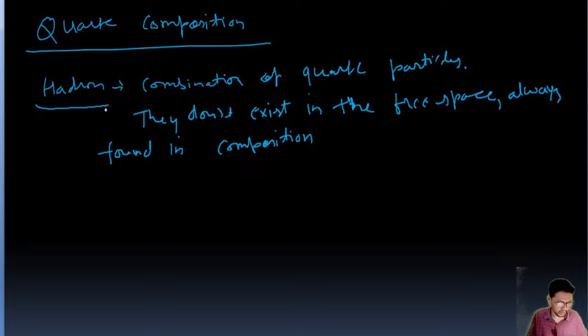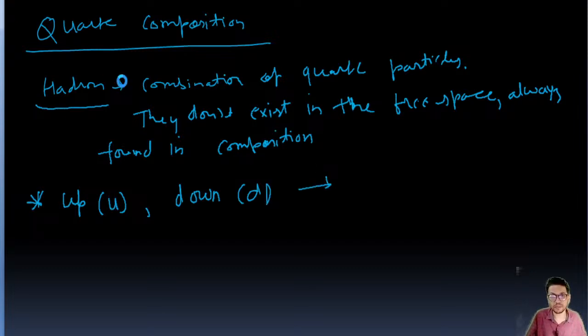So now this is up. Okay, up is denoted by U. Up and down, this is one category of quark, and this is a doublet. Down is denoted by D, and these are doublets.